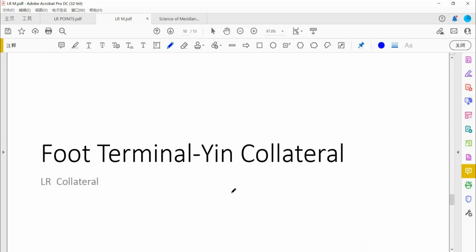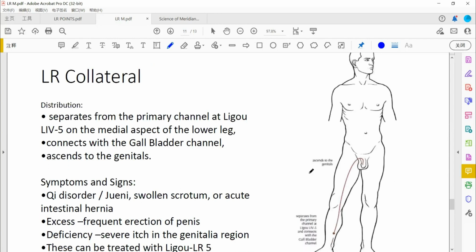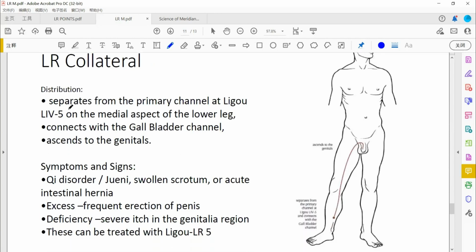For the terminal yin collateral, it separates from the primary channel at liver 5 on the medial aspect of the lower leg, connects with the gallbladder channel, and ascends to the genitals.